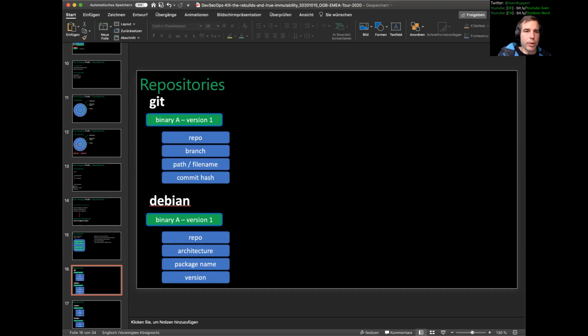For example, in Git, you have a repository with a branch, a path, a file name, and a commit tag. This is how to address a binary inside a Git repository. If you're looking at a Debian repository, you have most likely just a repo, then the hardware architecture, and then a package name and a version. So it's not fitting really together, but both are repositories.